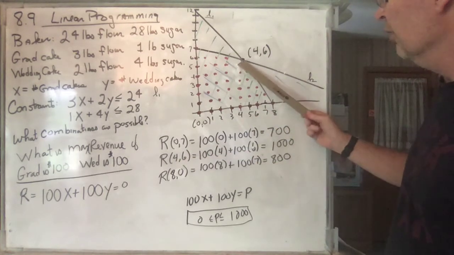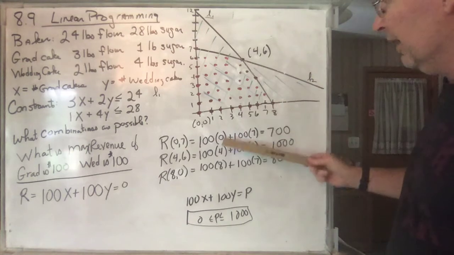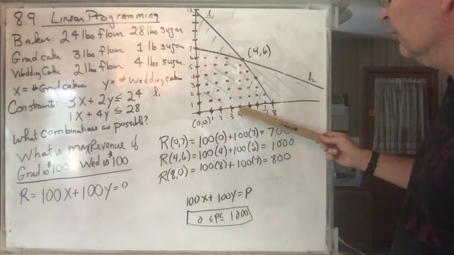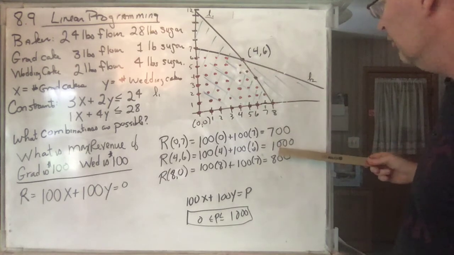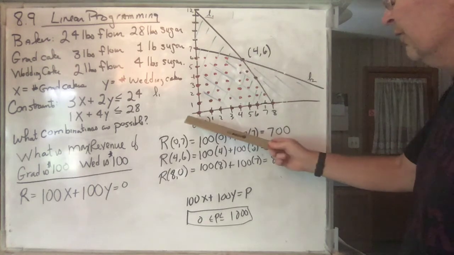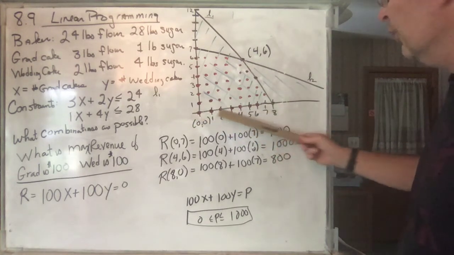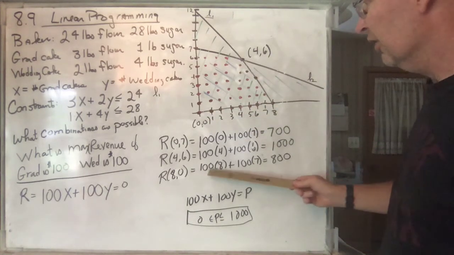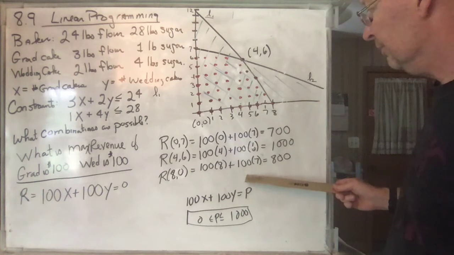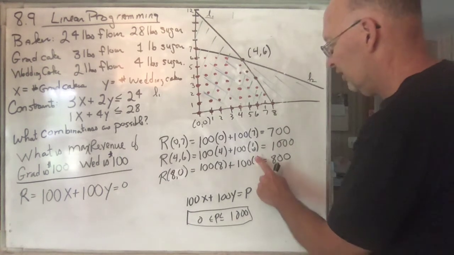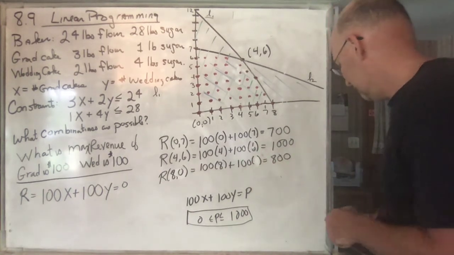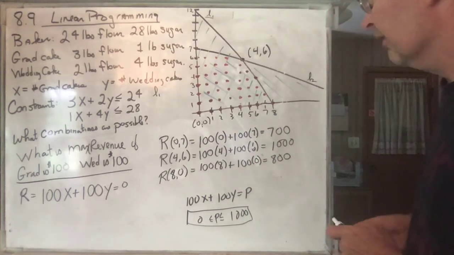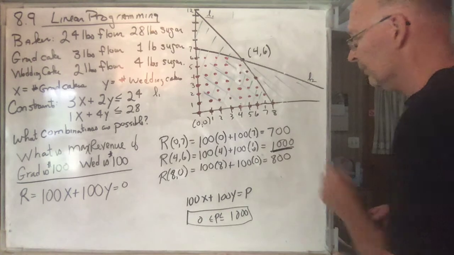If you make 4 graduation and 6 wedding cakes, you'd make $1,000. If you make all graduation cakes, you're going to get 8 times 100 plus 0 here, to give you $800. So sure enough, there's your maximum.